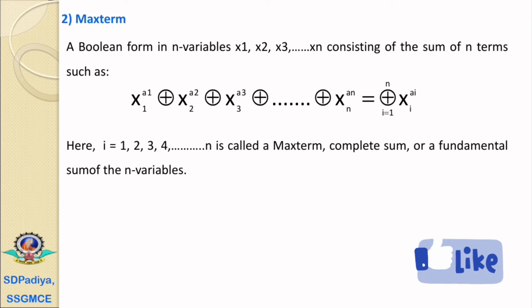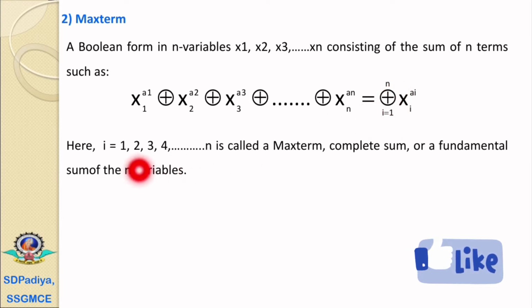The second type of Boolean function is a max term. A Boolean form in n variables, x1, x2, x3 up to xn, consisting of the sum of n terms such as x1 plus x2 plus x3 plus x4 up to plus xn, that is xi, where i varies from 1 to n, means any elementary sum term, that we call a max term here.